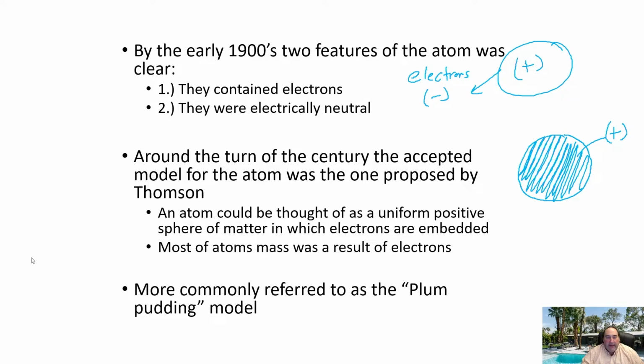He also felt that within this sphere of positive charge, there were electrons embedded inside, and that most of the mass of the atom was made up of these electrons. This was sometimes referred to as the plum pudding model of the atom. Plum pudding is, I believe, an English dessert, pudding and raisins. The pudding is the positive charge spread out, and the raisins would be equivalent to the electrons. So this was an accepted early model of the atom.